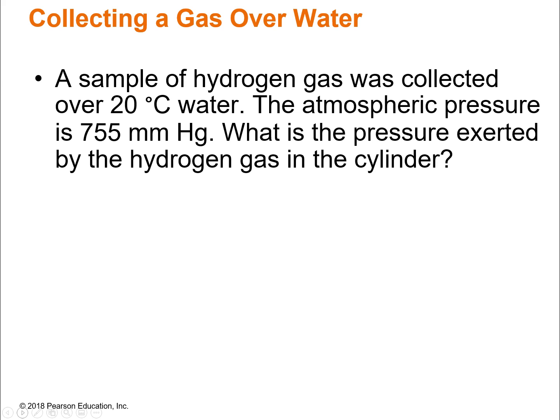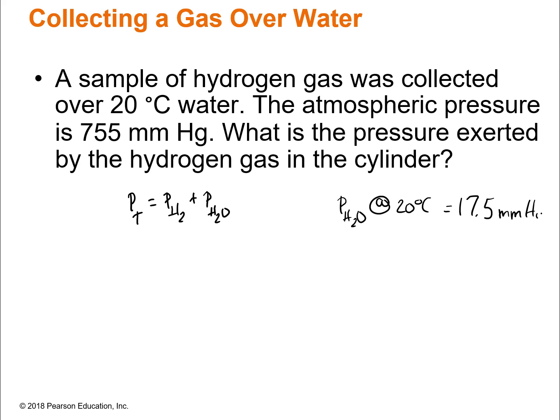So we know that we have a sample of wet gas, which means the total pressure is the hydrogen plus the water vapor. Using the table that I showed you, you can look up what the partial pressure is for water at 20 degrees. So this you would get from the table.